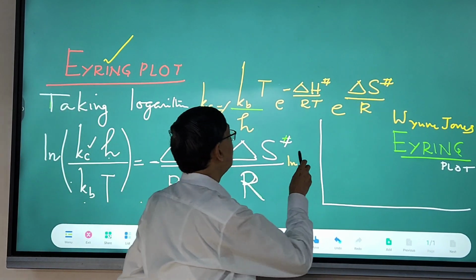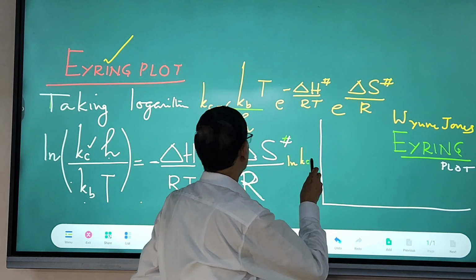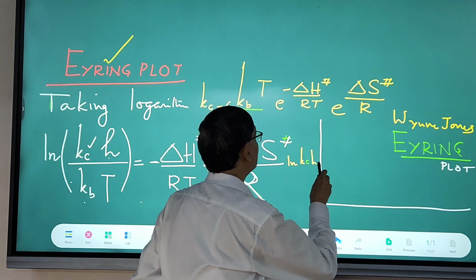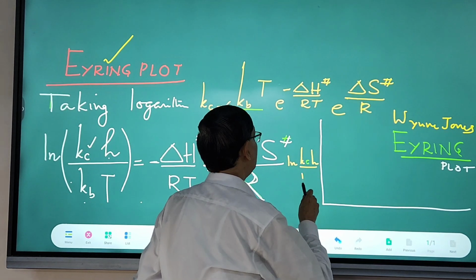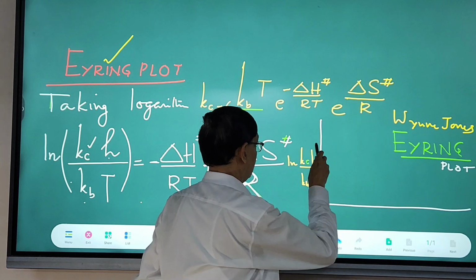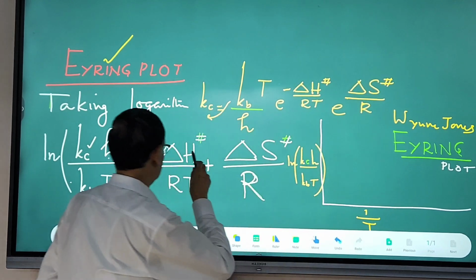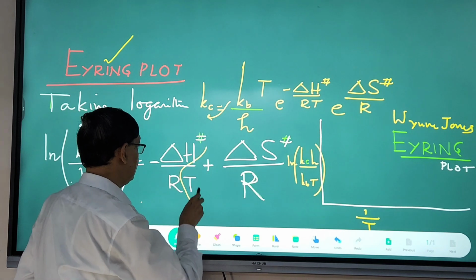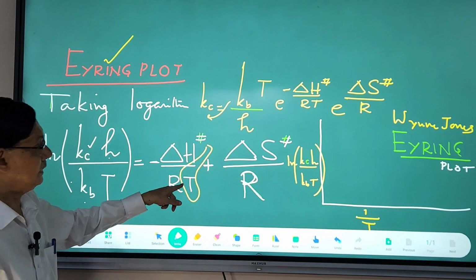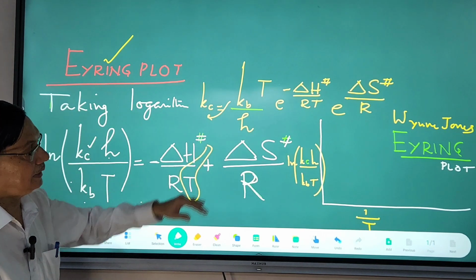So they have seen this Kc, H and KBT, and 1 by T, just like your Arrhenius plot.